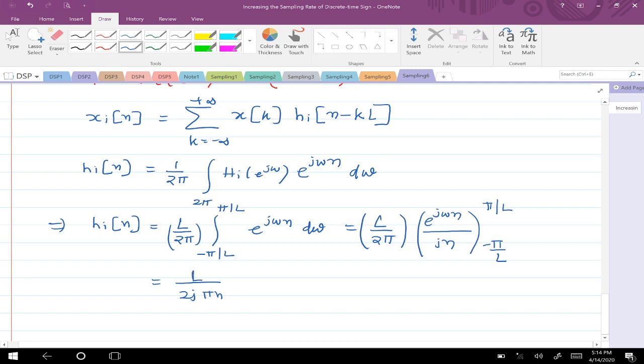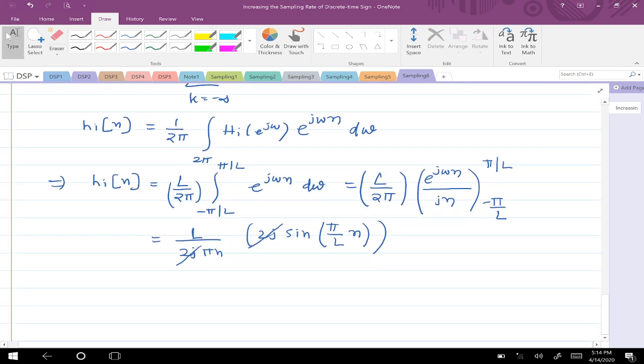And what do I get here? 2j times sine of, in place of omega I am substituting pi by L, and of course n would remain there, cancel out this. So that means, what's the expression for h_i of n?